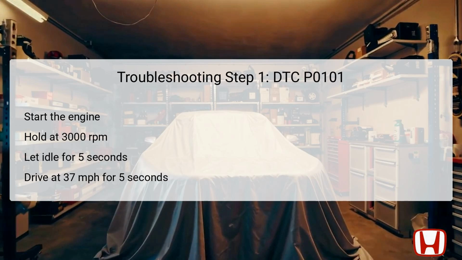This step tests the sensor's response under a controlled condition. Afterward, allow the engine to idle for a minimum of 5 seconds before taking the vehicle for a drive at approximately 37 miles per hour for another 5 seconds. This procedure ensures that conditions are optimal for diagnosing whether the MAF sensor is functioning appropriately.